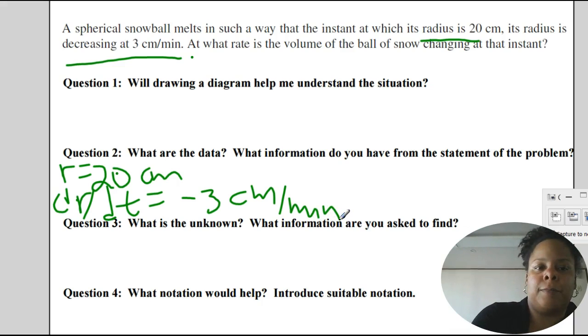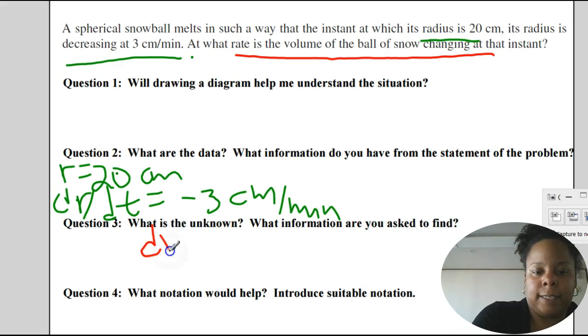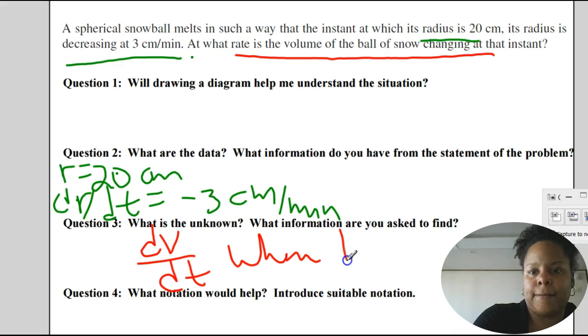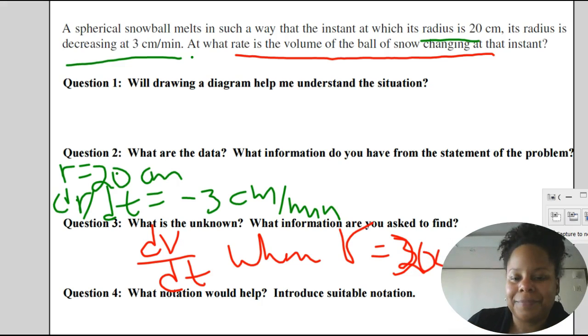The question is asking about what rate the volume of the snowball is changing at that instant. In this case, that's dV/dt when the radius is equal to 20 centimeters. Sorry, I'm writing horribly. Okay. So what information do I have from the statement of the problem?